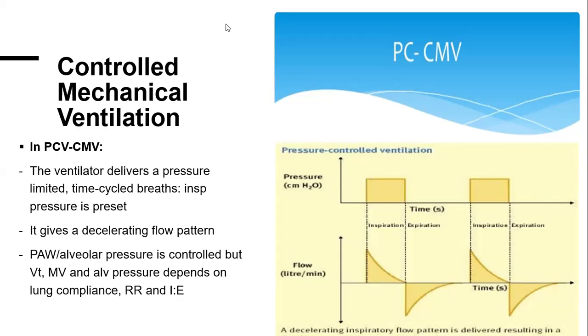Please, what is the difference between the mode of action of assist control ventilation and SIMV? SIMV is a type of assist control. Basically, the modes of ventilation are divided into two: assist control and controlled ventilation.